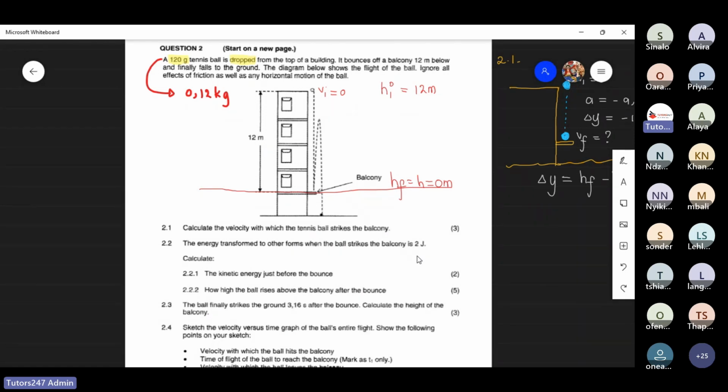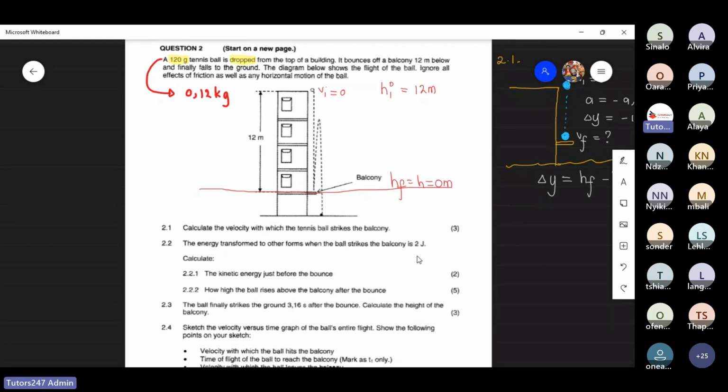That is why the object does not reach the original height from which it was dropped. This is something that you've covered in momentum. So another way of thinking about it, after the object was dropped and hit the balcony, it lost some of its energy. That is why it was unable to reach its original height.